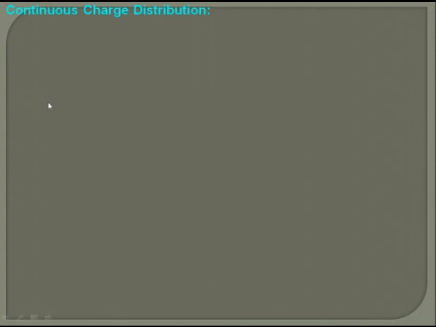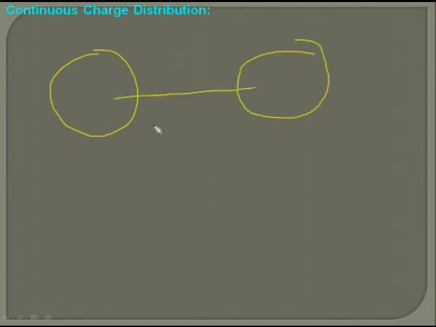For example, let us assume that we have one body and another body, and these two bodies are kept at a very small distance, for example 1 centimeter. Since the bodies are kept at a very small distance, the charge on the bodies cannot be considered as point charge. So we have to study what type of charge distribution is over the surface of the body.